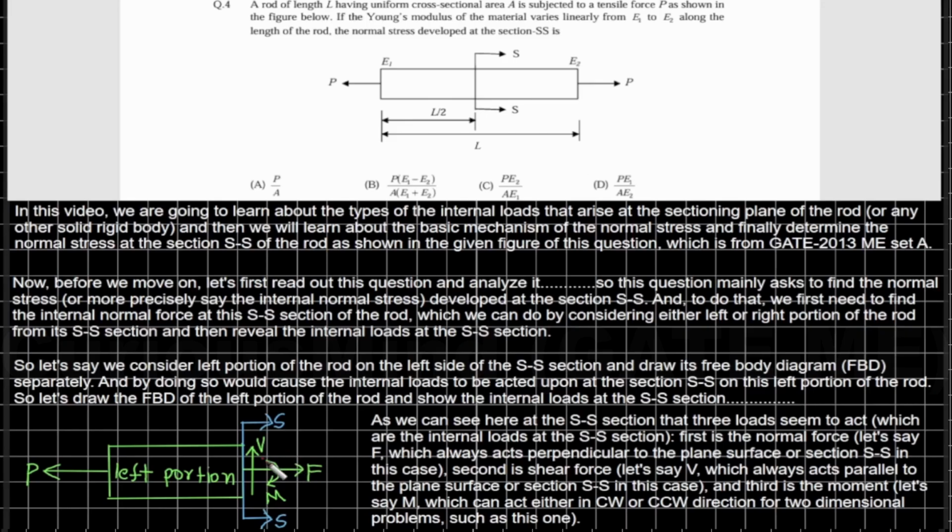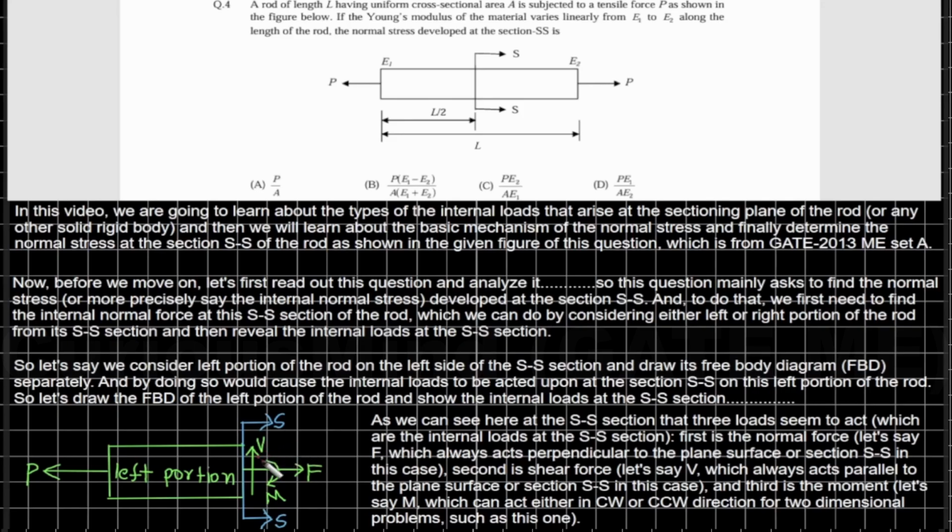One is the internal force, whose perpendicular components are the shear force and the normal force, and second one is the moment. All right. So whenever we section a solid or a rigid body, there are always two types of internal loads that arise.